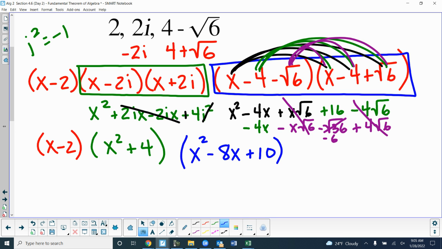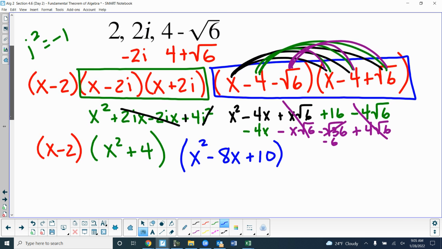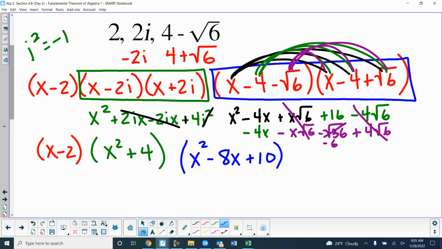Okay? So, I'll just finish it up. Again, I'm taking my time, but these do take a little bit more time because you've got this multiplication you've got to do. I'll just do these first 2 next.